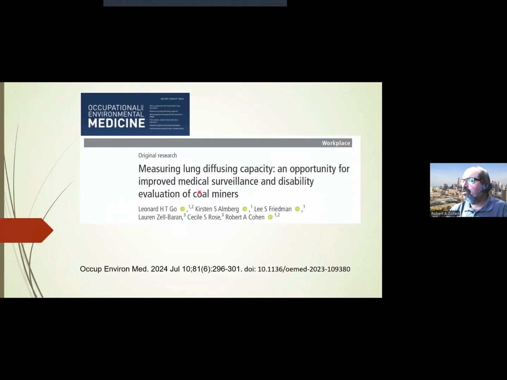So let's go now to talk a little bit about some of the work that we did. There are two articles that I'll talk about that were based on the same large data set. The first is from our group. My colleague, Dr. Leonard Goh, is the first author on this paper, which was looking at the predictive value of the resting lung diffusing capacity and talking about its work in surveillance and disability evaluation.